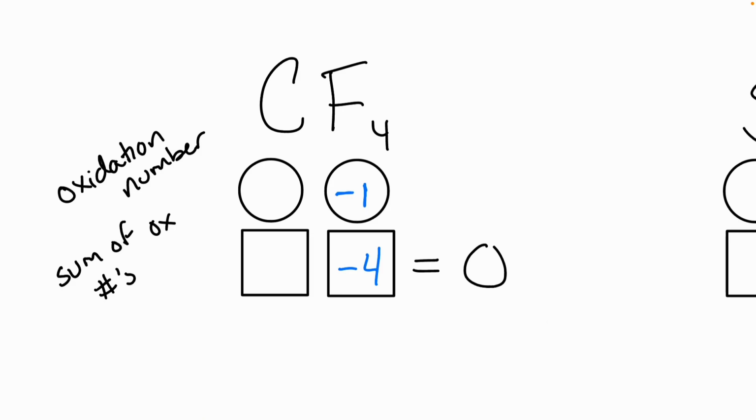So this is what allows me to work backwards and figure out what my oxidation number on carbon should be here. What plus -4 is going to give me 0? Plus 4. And there's only one carbon in this formula, so the oxidation number on that carbon must be plus 4.